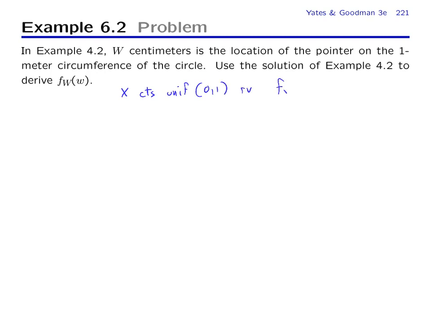So it had a continuous uniform PDF. And now we're going to assume that this x was the pointer on the circumference of a 1 meter circle.